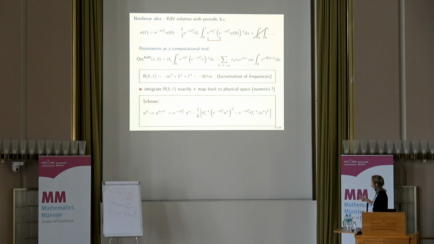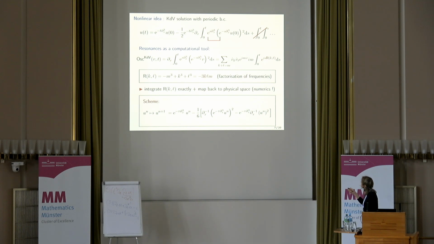The exact structure does not play a role, but what is important numerically is that we can map everything back to physical space. Because in this step where we attack these nonlinear frequency interactions and we move to Fourier space, we do not want to stay in Fourier space and carry out all the calculations there, because this would be computationally very expensive.